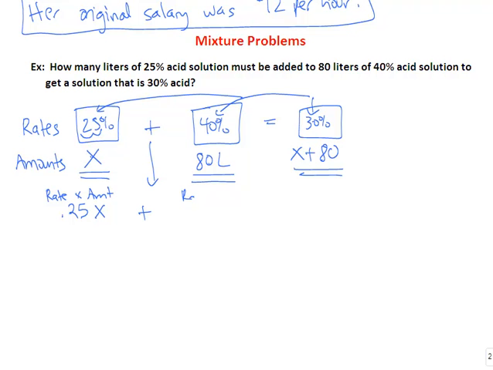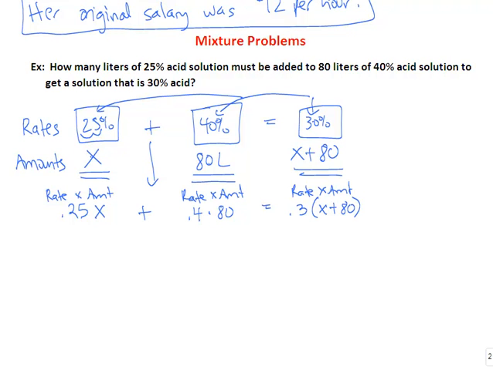Plus, the next rate times amount would be 0.4 times 80 equals the last rate times amount, and the rate in the last box is 30% or 0.3, and the last amount is x plus 80. Now one big mistake that's pretty common here is forgetting parentheses. We want 0.3 times the entire amount x plus 80. So wrap x plus 80 in parentheses.